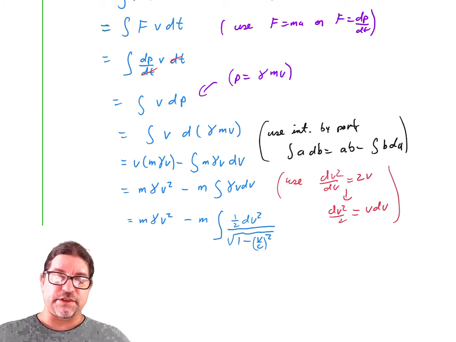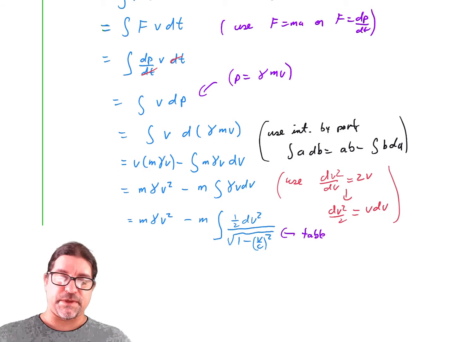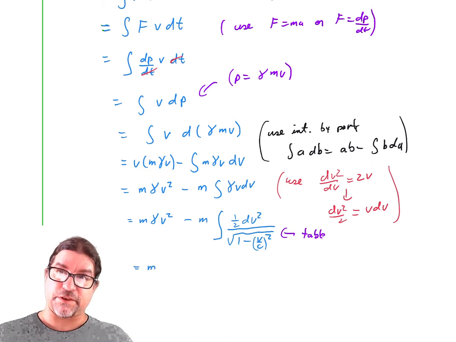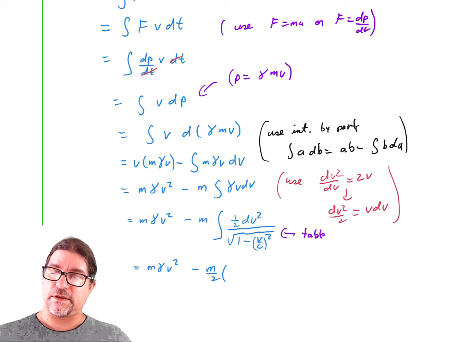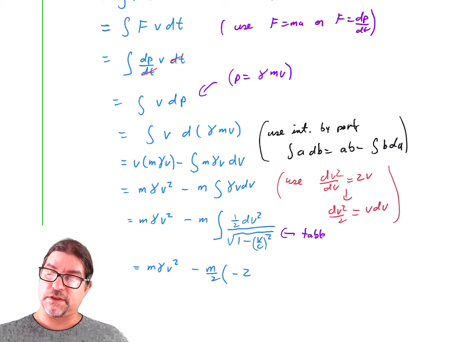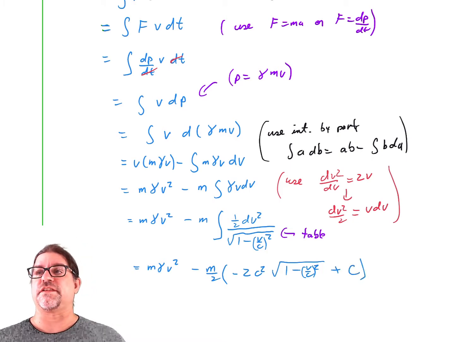You can look this up in a table, right? That's not too bad to do. So if I look that up in a table and evaluate it, I still have my first term, gamma v squared, minus, and I pull out that 1/2, and that integrates to minus 2 c squared times the square root of 1 minus v over c squared, plus some integration constant.